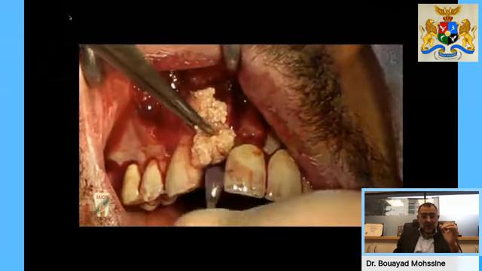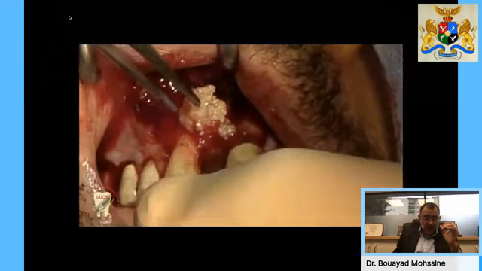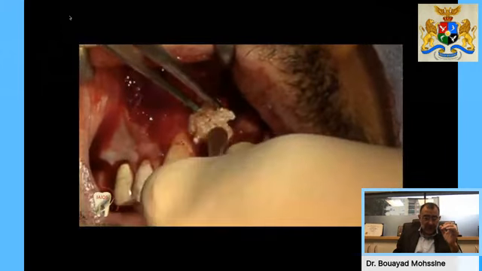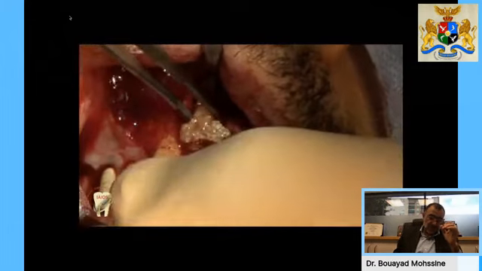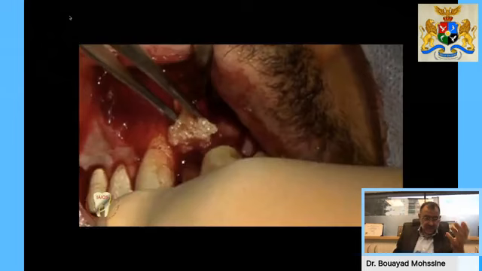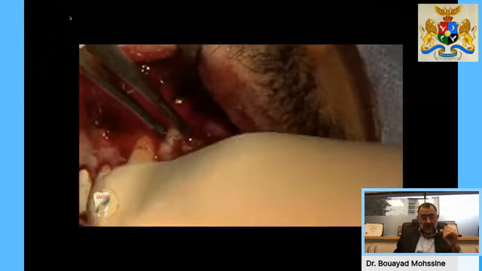We place the NPM bone grafting, with allogenic bone grafting, in the site of the incisor, and we create a new volume of bone.